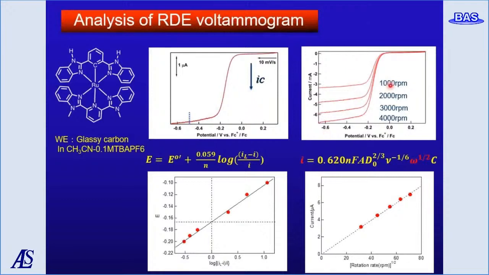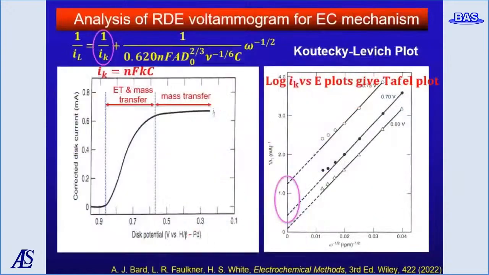Furthermore, plot the limiting current value at varying rotation speed against the square root of the rotation speed to see if it is a straight line through the origin. In the previous analysis of the RD curve, a Levich plot at different potentials may result in a curve.